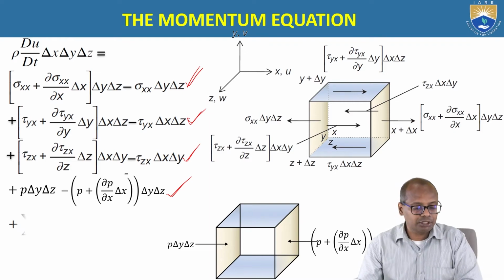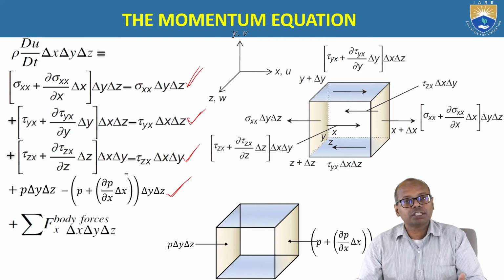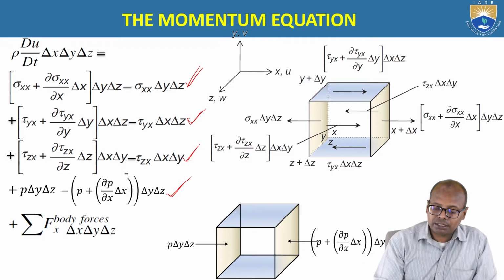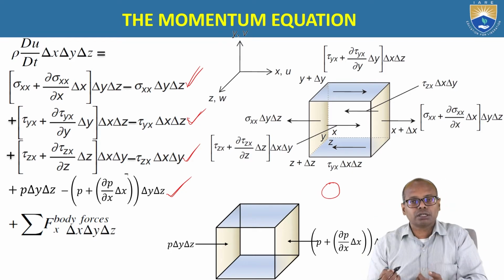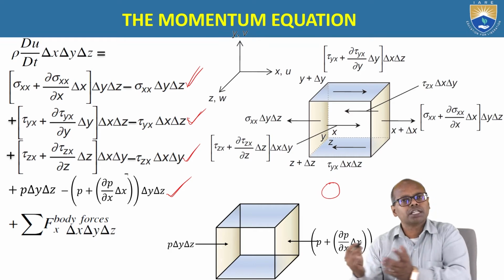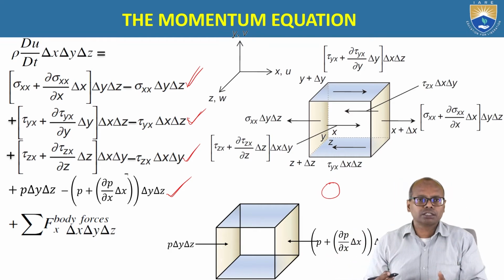And I will also have the body force. Now what is this body force? If I consider a small element, say suppose this is a weight, if I am considering a weight in the z direction, it will be there. Similarly, there can be a centrifugal force in the x direction, y direction, z direction.